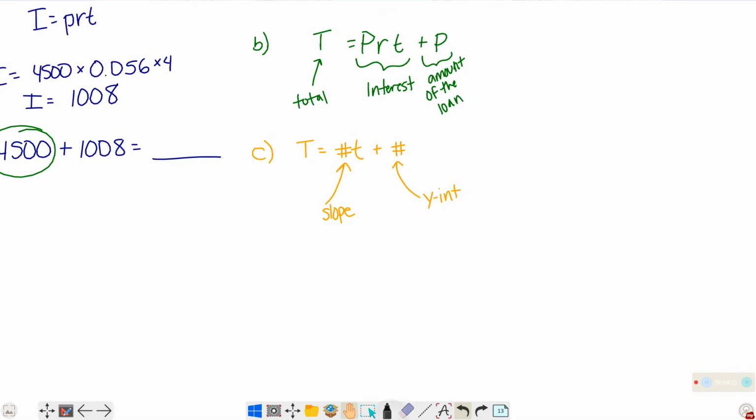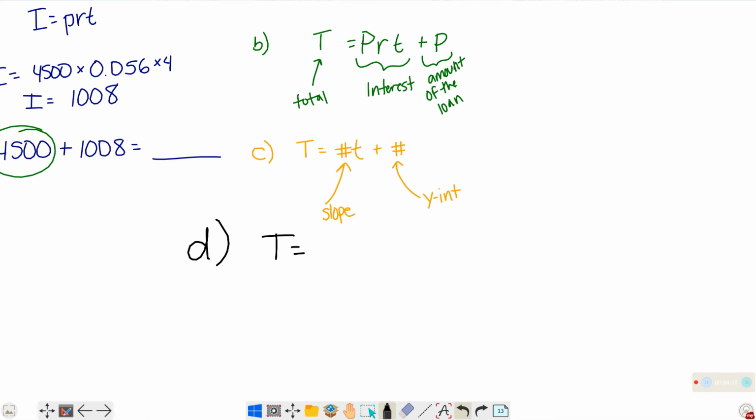Okay, in part D, it says, in the context of the problem, interpret the slope of the equation in words. So we have total, and then we want the rate times the principal times the time.